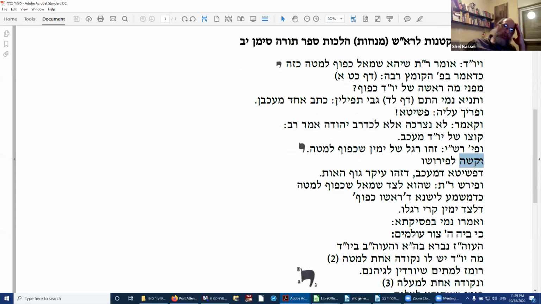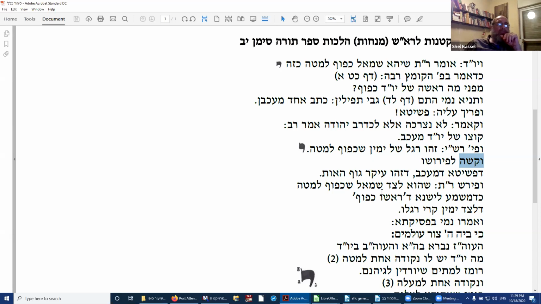The Kasha Leperusha, but there's a Kasha in his explanation. The Pshita Demakev, obviously the right leg is going to hold it back, Dizehu Ikar Gufaot. This is an essential part of the body of the letter. Right?